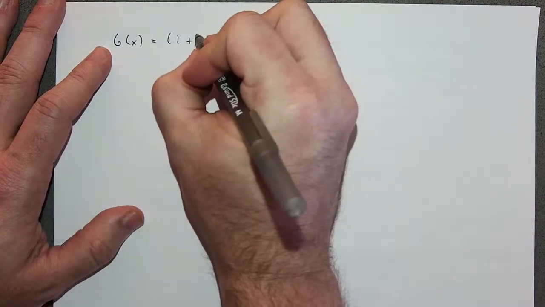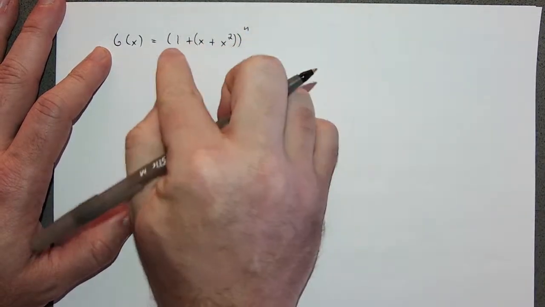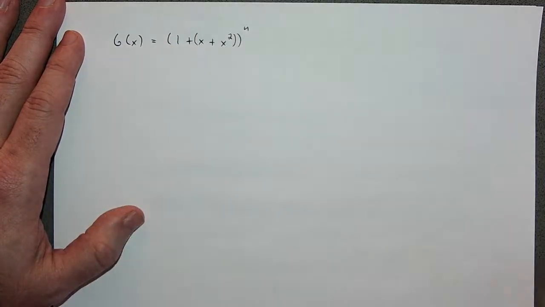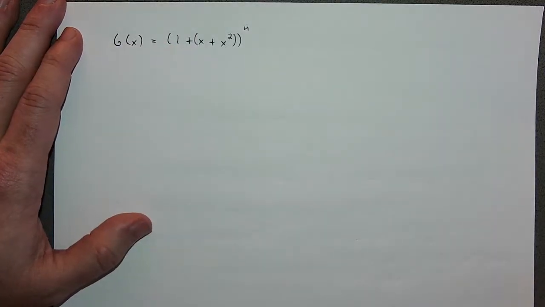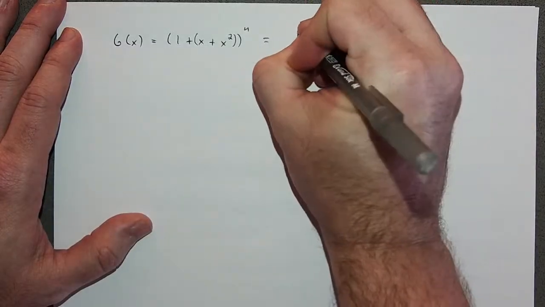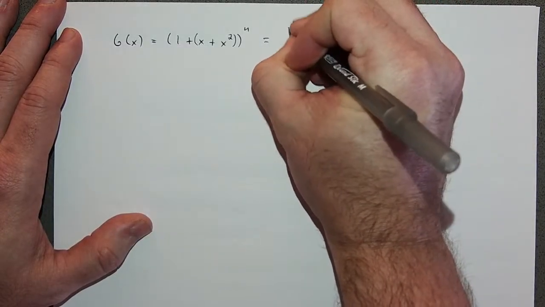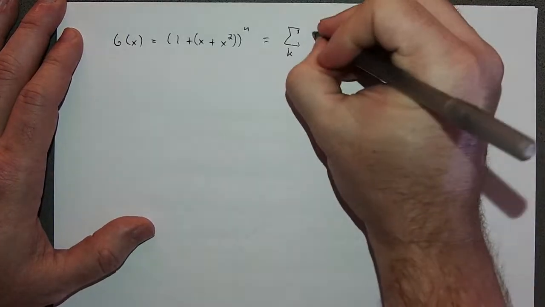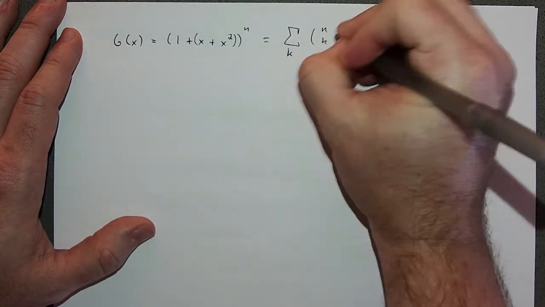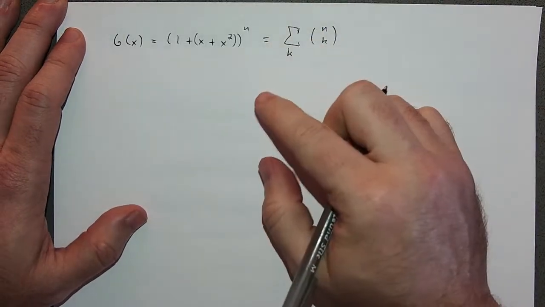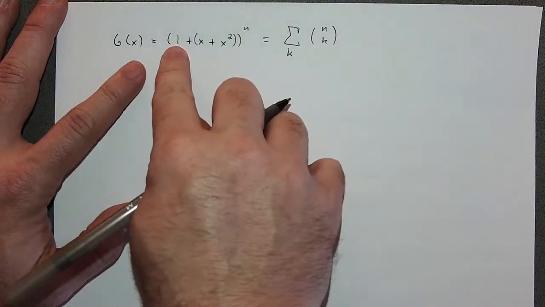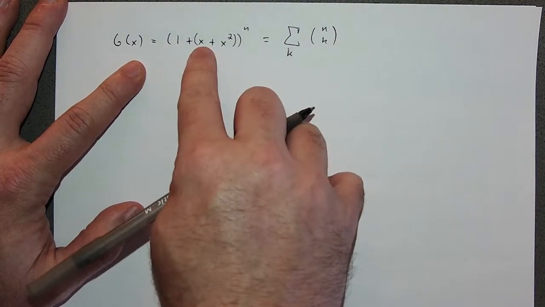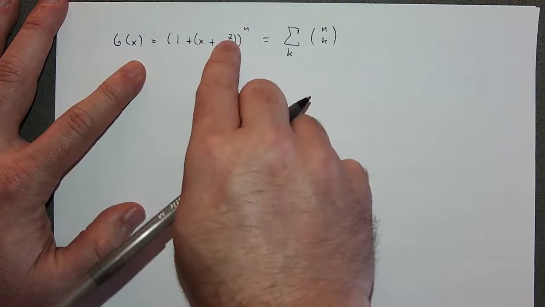Again, noticing that I could view this as a binomial, 1 is one of the terms and x plus x squared is the other, I can use the binomial theorem. So this would be the sum over k of n choose k times 1 to the n minus k, which is just 1. I'm not even going to write that here, times (x plus x squared) to the k.